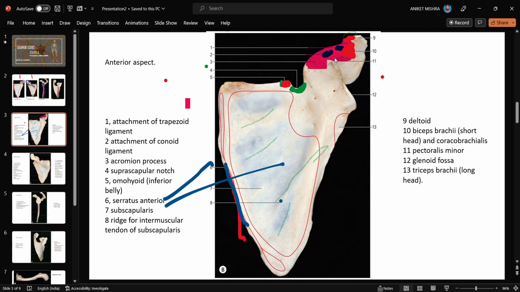The pectoralis major, another is the origin of the pectoralis major. 12th is the glenoid fossa that is present laterally, and the 13th one is the long head of the triceps. These are the 13 landmarks present on the costal surface of the scapula.